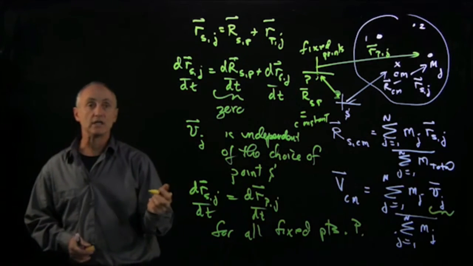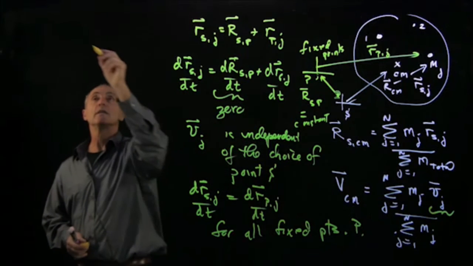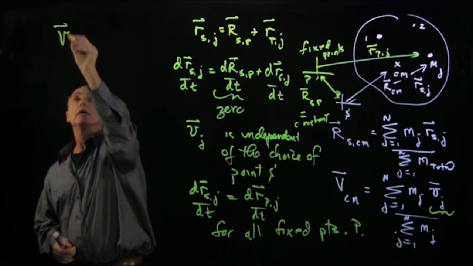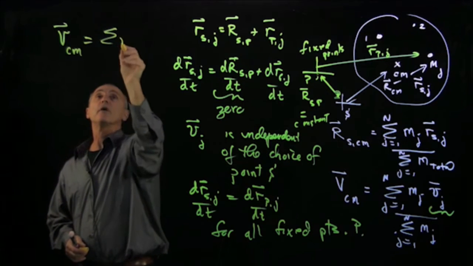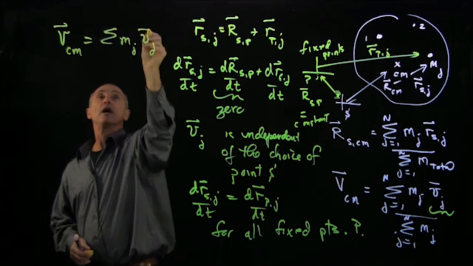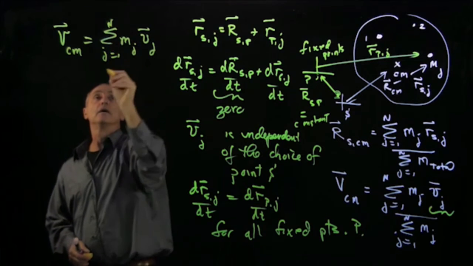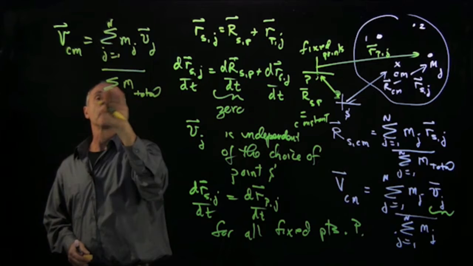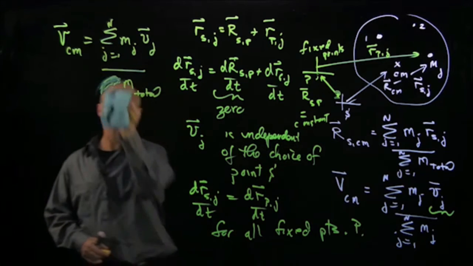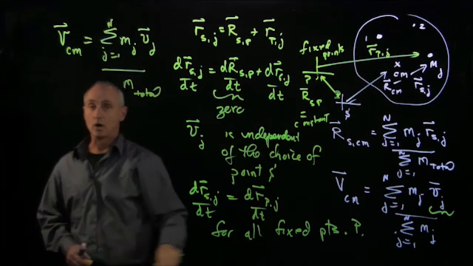And so our conclusion is that the velocity of the center of mass of this system is equal to the sum of m_j v_j, j goes from 1 to n, divided by the total mass. Now, what's interesting here is why is this an important quantity?